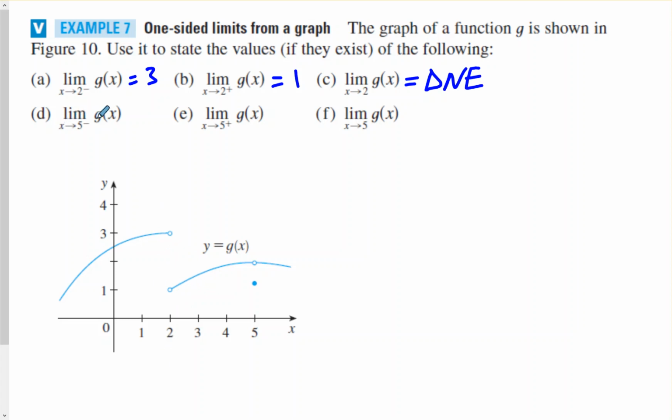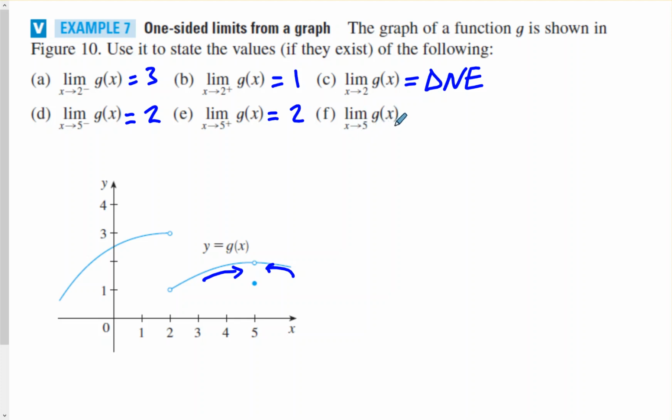Okay, let's take a look at our next set. Limit as x is approaching 5 from the left. As x is approaching 5 from the left, it looks like the function is approaching 2. Limit as x is approaching 5 from the right, looks like it's also approaching 2.